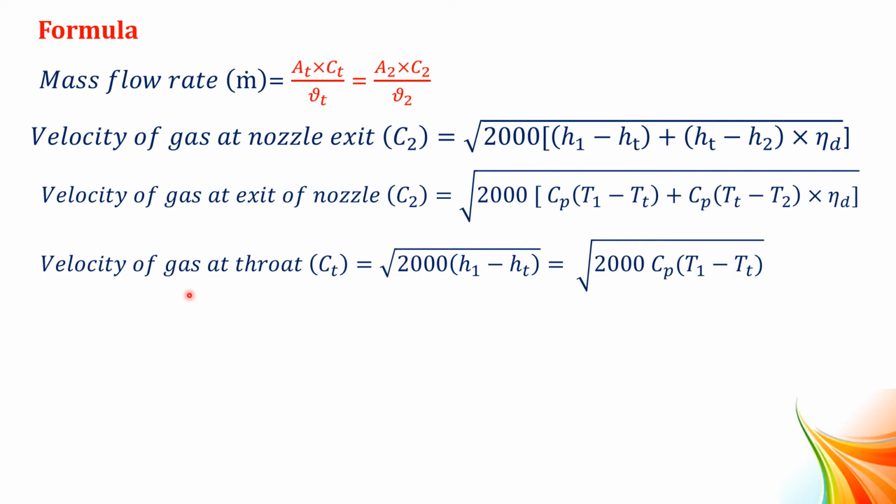Then the velocity of gas at throat Ct equal to square root of 2000 into (H1 minus Ht). Here also we have to write the enthalpies in terms of temperature. So our equation is square root of 2000 into Cp into (T1 minus Tt).